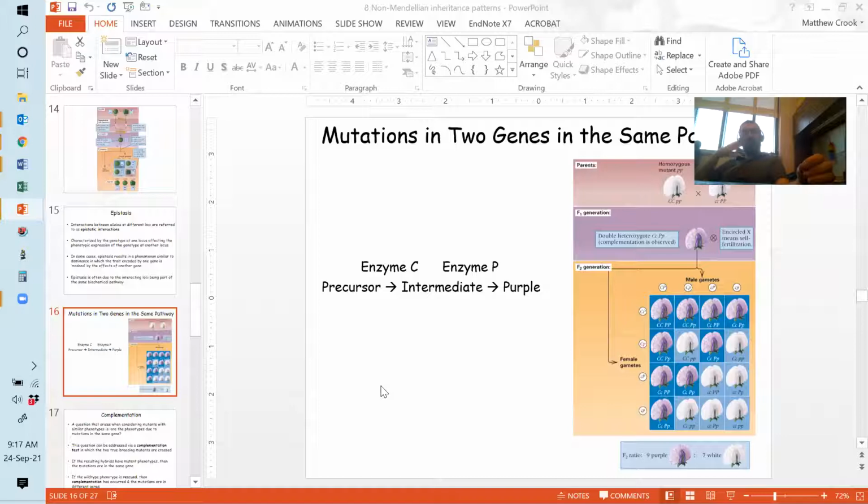As a result of all those different reactions, you get pigment, for example, or a metabolite that you need. So all of the genes, all of the proteins in that pathway have to function to see the end product.